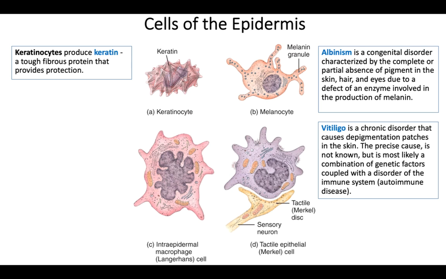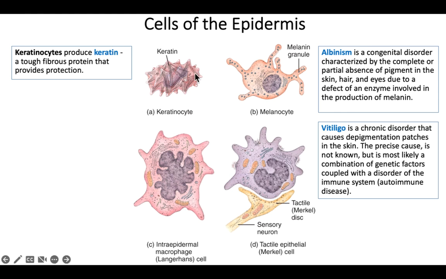We've already talked about some of these cells, but here we have the major cell types found in the epidermis. The keratinocytes being the most abundant. Notice that keratin is an intracellular protein, so it's found inside of these cells, whereas when we get to the dermis, the collagen and elastic fibers are actually extracellular proteins.